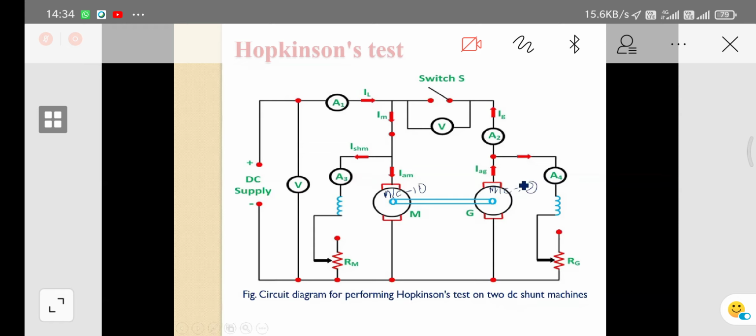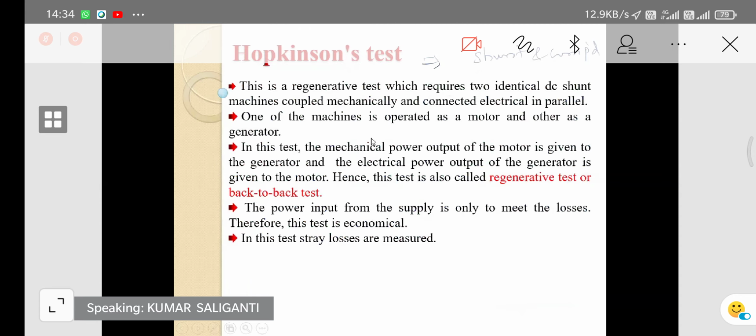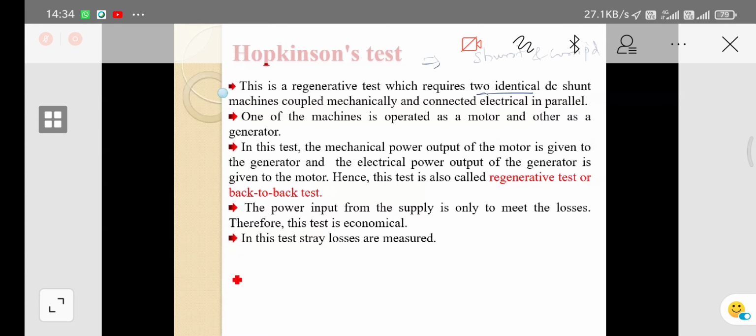Two identical means, suppose you consider the nameplate details, the speed. We will discuss that point later. First of all, what I am saying is that this test requires two identical DC shunt machines which are coupled mechanically and connected electrically in parallel.